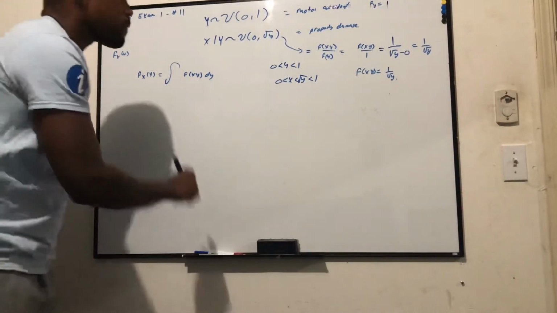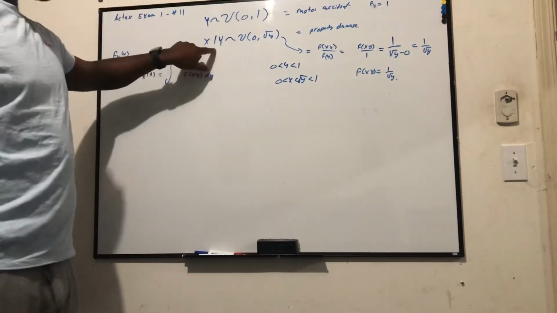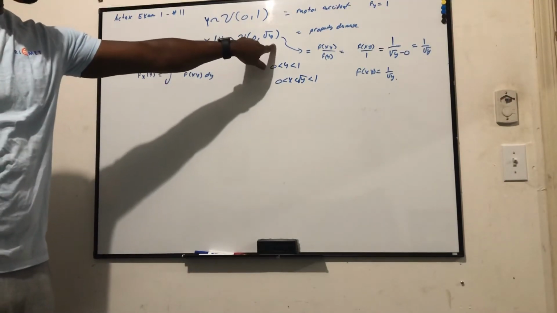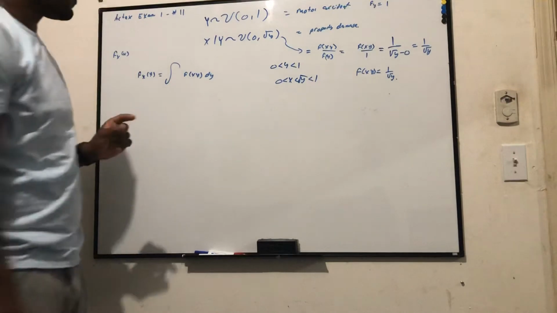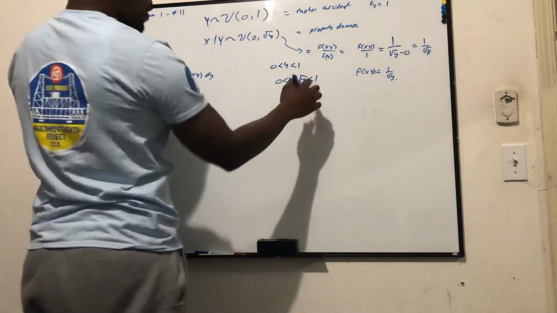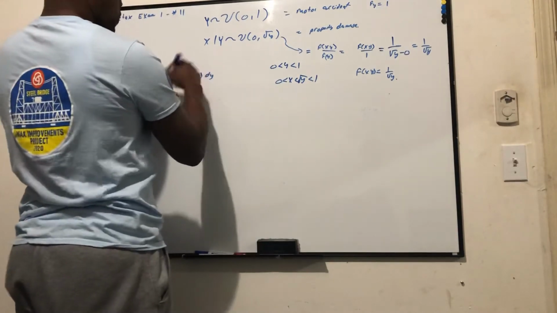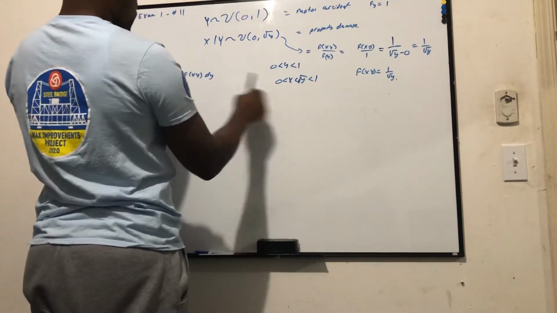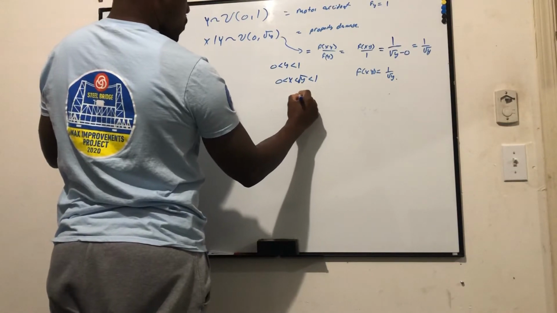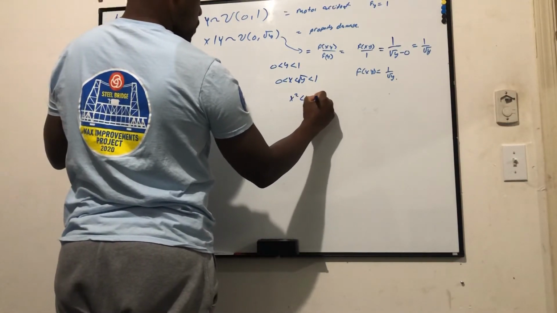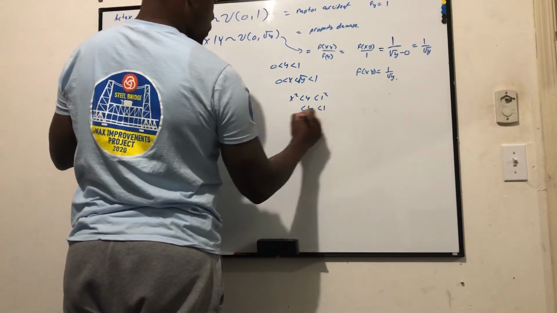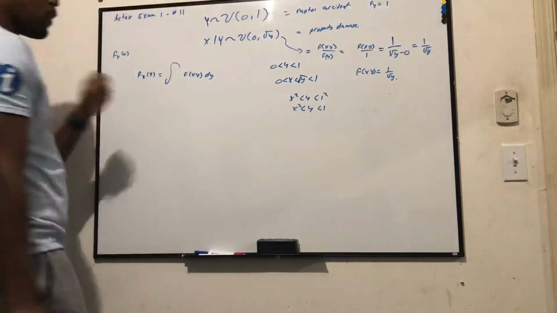Okay, that's correct. X is traveling between 0 and the square root. So what we need to do is find y by itself, so what we do is we can square this on both sides. Therefore, y is between these 2 points here.